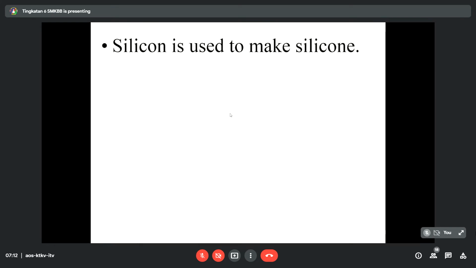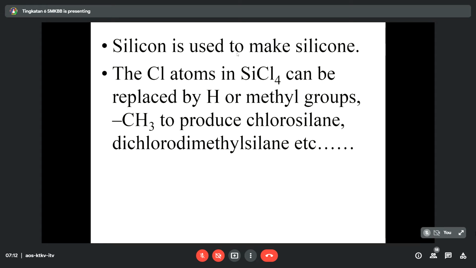Silicon is made from silicon tetrachloride.